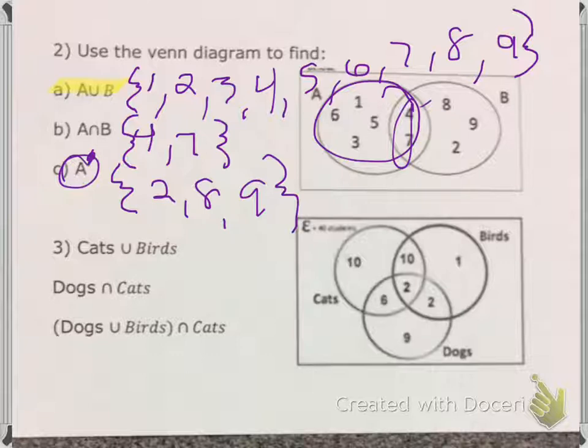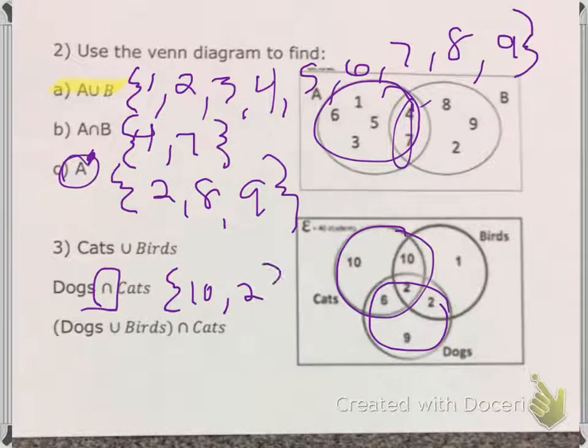If I'm looking at the next section here and we're doing dogs and cats, this would be dogs intersect cats. So when we're looking at dogs right here and cats right here, the intersection part would be 10 and 2. I kind of skipped one there, didn't I?